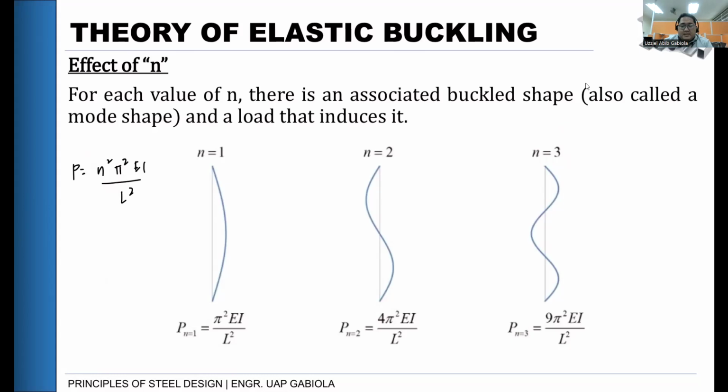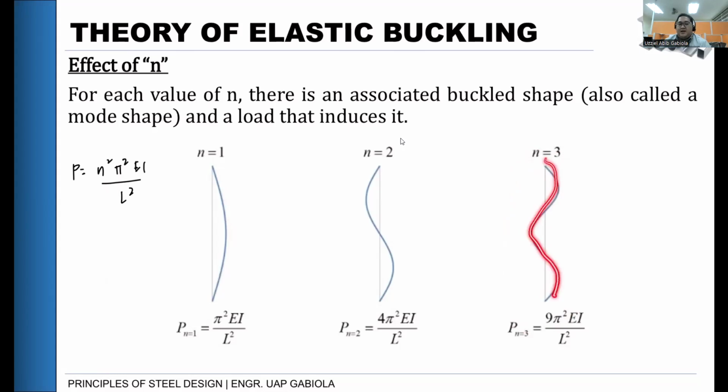Okay? So, the short answer is, it should be n is equals to 1. Okay? Kasi, ito yung masasabi natin nag-buckle agad yung column natin. Ayaw natin makakita na ang column natin, sasabihin natin critical, kapag ganito pa na yung itsura niya, no? So, nakakatakot kung makikita mong column mo, nakaganto na, no? Sa building. Okay? So, ayaw natin na ganito yung itsura ng column natin.